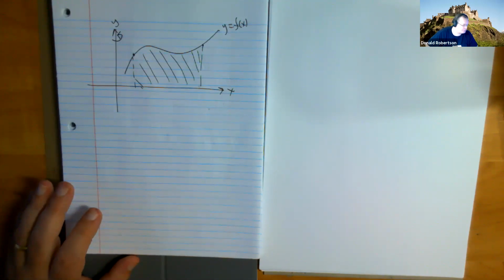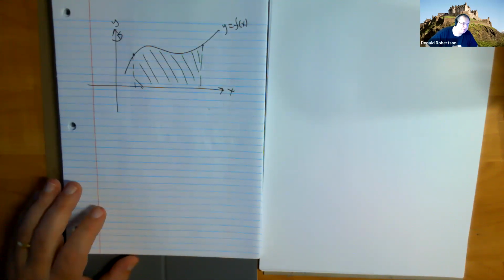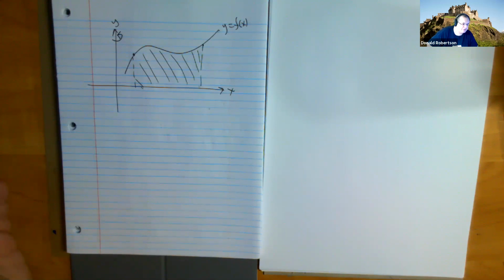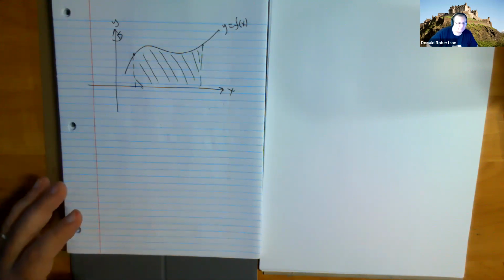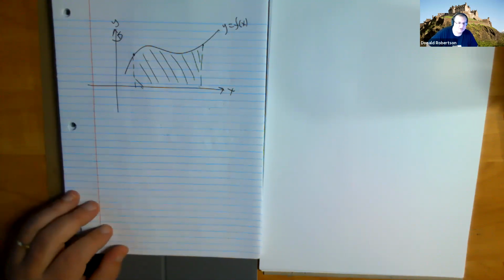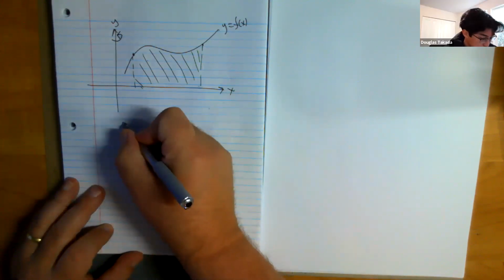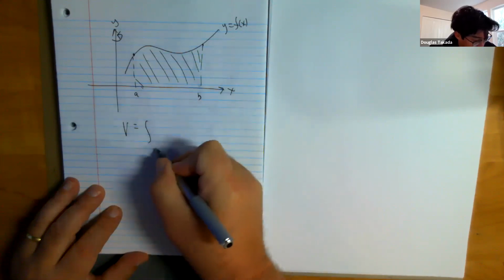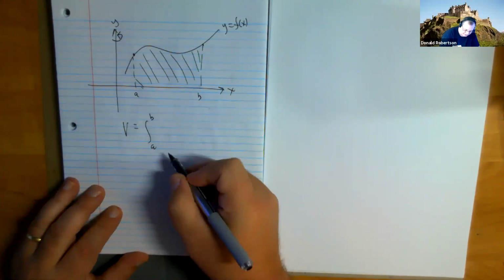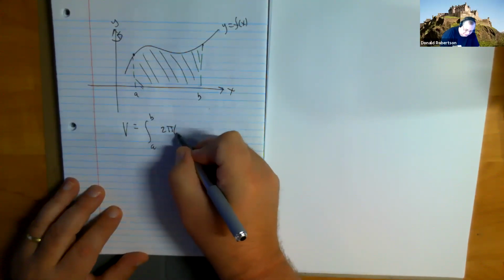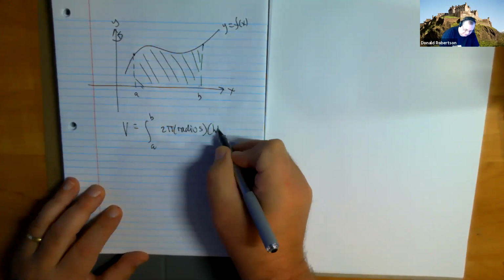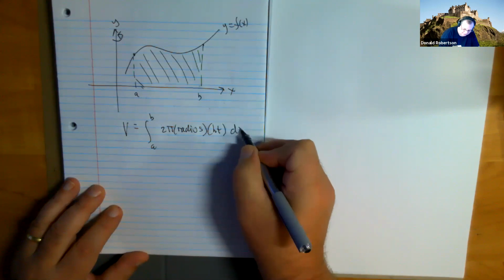If I'm doing the disk method and I rotate something about the y-axis, don't you do everything in terms of y? It'll be the distance, big guy squared, take away little guy squared, dy. But in the shell method, it's the integral from a to b of 2 pi, radius, height, dx.